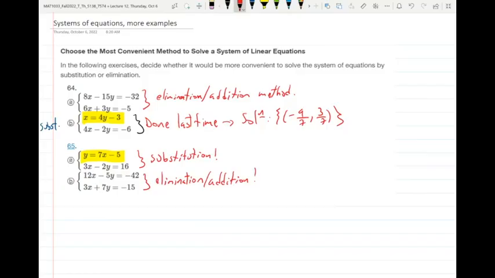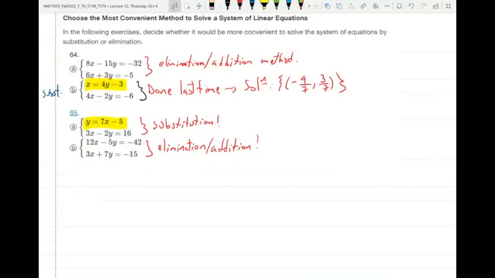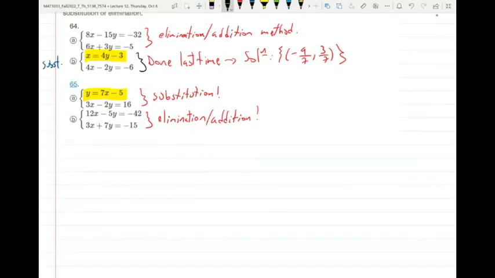Okay, for 64B, we did it last time. Let's do the other three. Okay, so I'm gonna do 64A to explain elimination, then I'm gonna give you some time, and you try 65B, so you practice the elimination that we will explain, and then I explain the substitution by doing 65A. All right, so solutions.